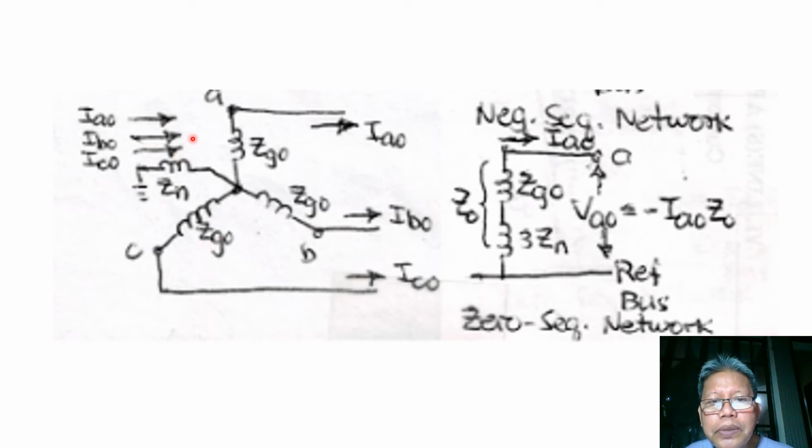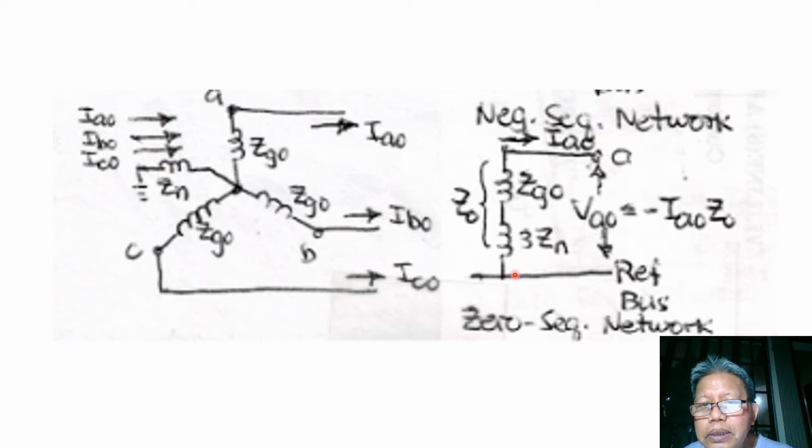With three currents flowing through the drop in voltage here, with the impedance Z sub N, there are three currents flowing through Zn, with IA0 flowing now. So we just detach IA0 to be placed here. So we have actually here 3 IA0 Zn as the voltage drop in the grounding impedance of our generator.